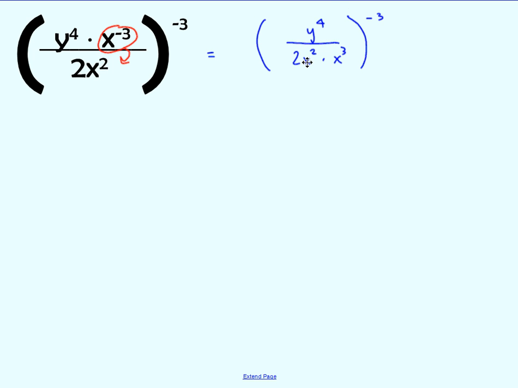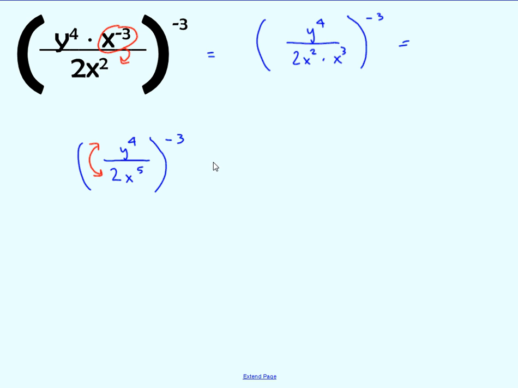I can still take care of this. This is two powers with the same base being multiplied, so I add their exponents. So this would be the same thing as y to the fourth over 2x to the fifth, and then the entire fraction is to the negative third. So if your entire fraction is to a negative exponent, that means that you need to switch the top and the bottom of your fraction.